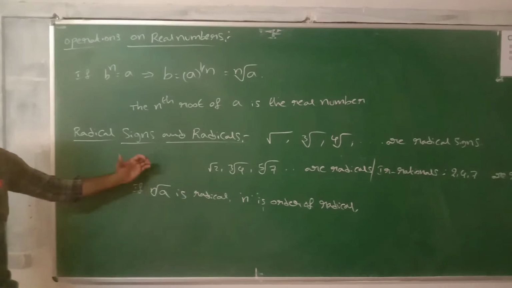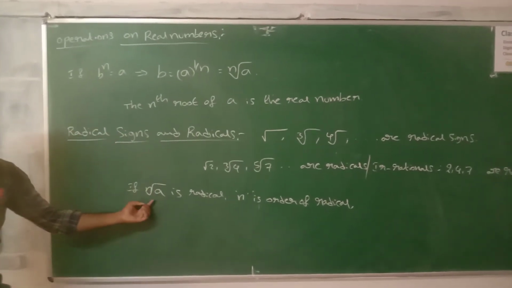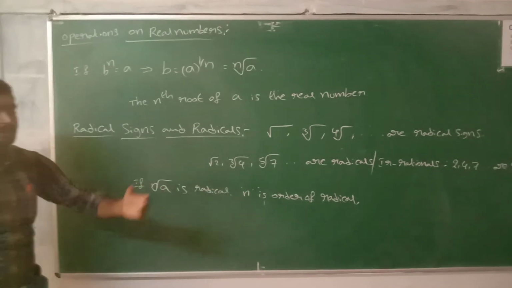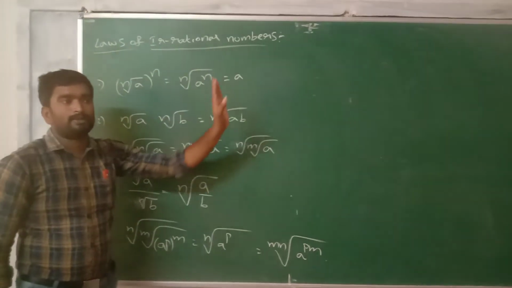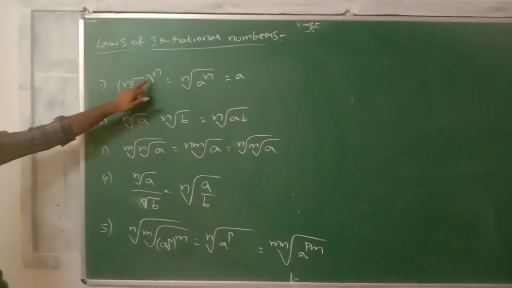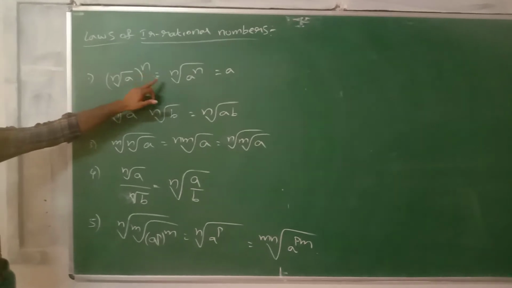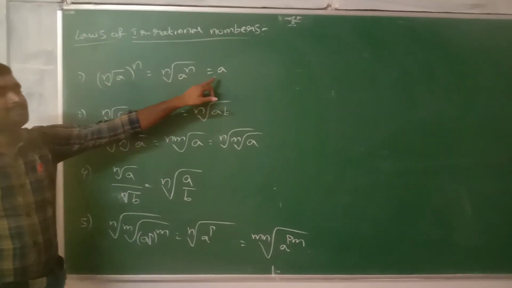Now discussing the properties or laws of radicals, the laws of irrational numbers. We have five laws. The first one: the nth root of a, whole power n, is equal to the nth root of a power n, is equal to a.